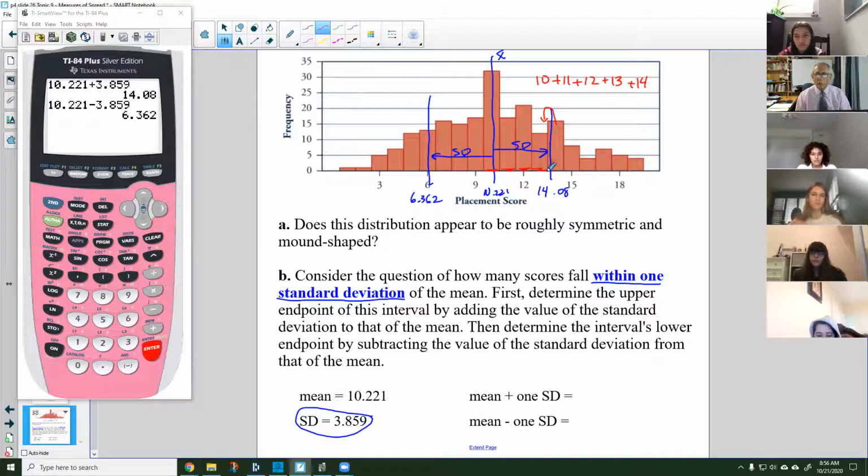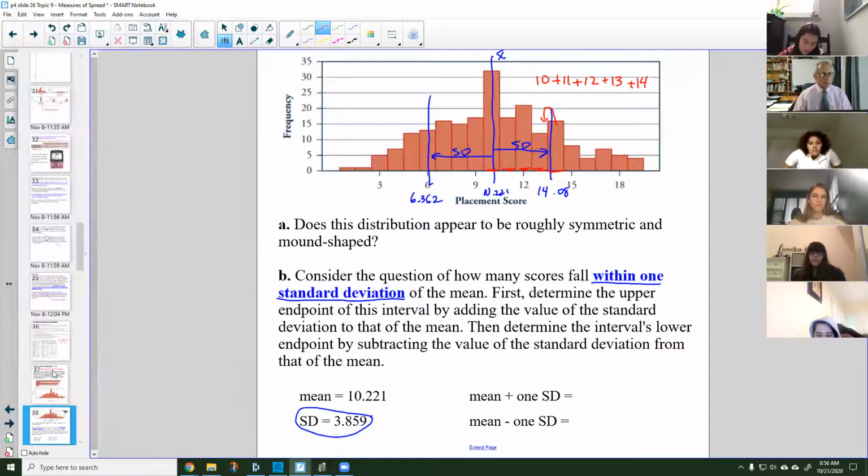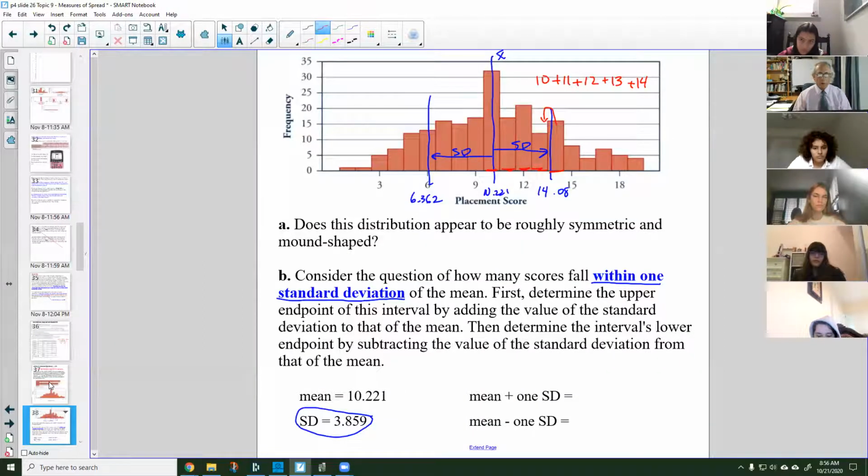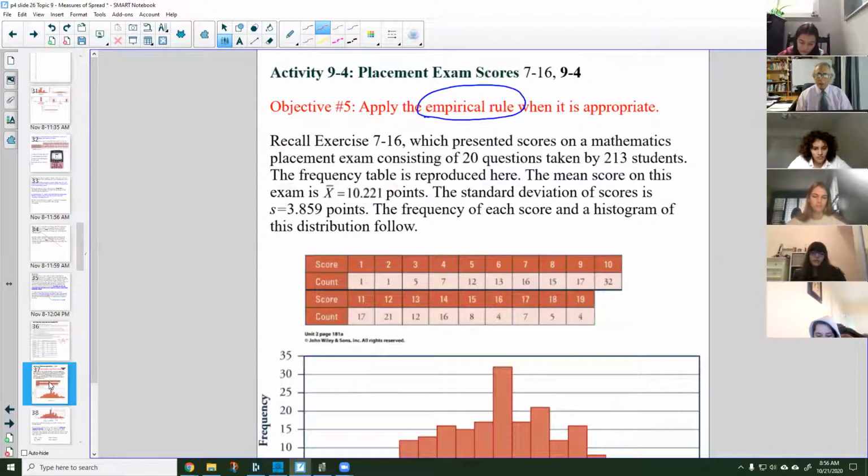Okay, so these bins here, I need to add them up. So let's get the numbers here. I said I needed 10, 11, 12, 13, 14. So 10 had 32 plus 17 plus 21 plus 12 plus 16.